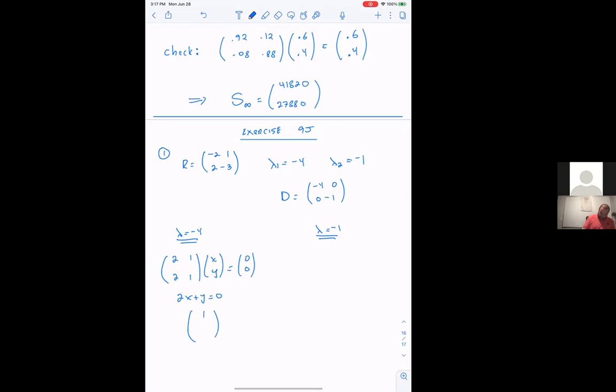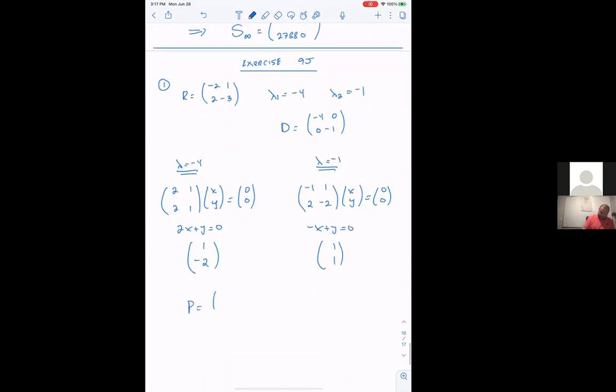The easiest way is x equals 1, y equals -2. And here I have -2 minus -1, which is -1, 1, 2, -2, acting on x, y is equal to 0, 0. X plus y is equal to 0. Easiest is 1, 1. So that means P is 1, -2, 1, 1.